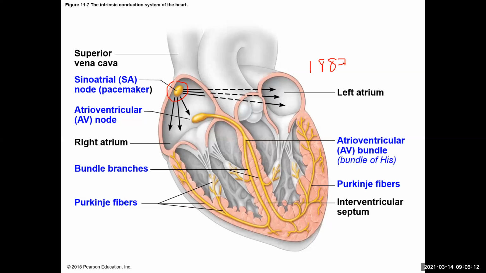In ECG, we simply try to capture the electrical activity generated by the intrinsic conduction system, whether it is the SA node, AV node, bundle of His, bundle branches, or Purkinje fibers, and then generate an electrocardiogram.